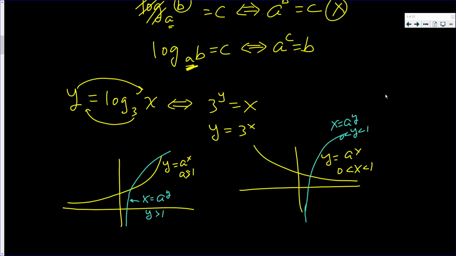Actually, that's not true. I apologize. a is bigger than 1, and here a is still between 0 and 1. This should say a is between 0 and 1. I made a mistake. I apologize.